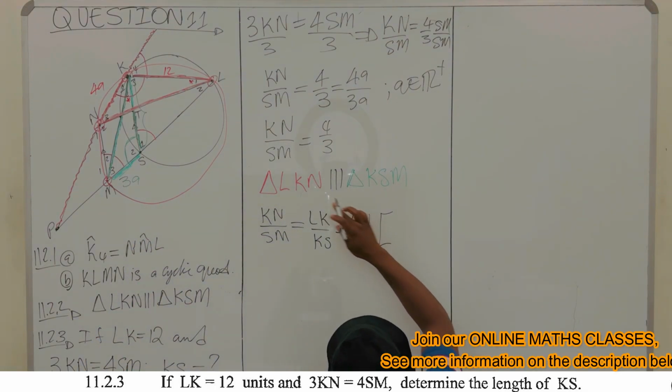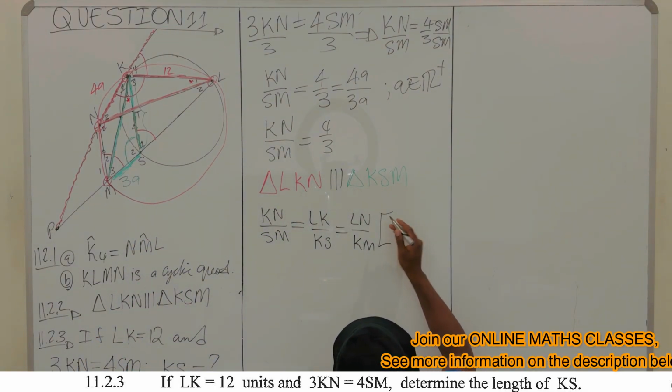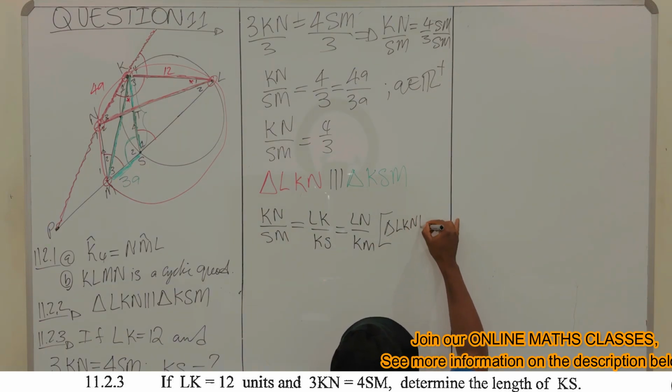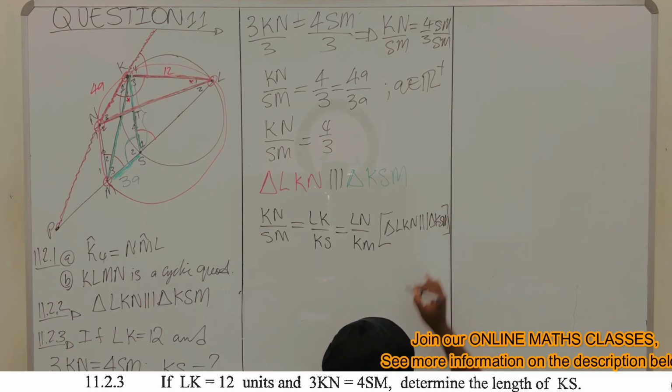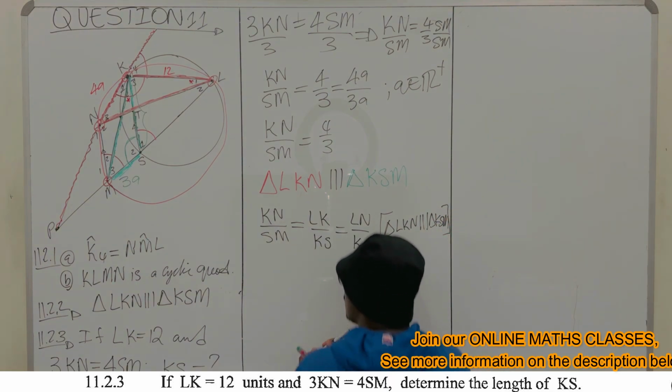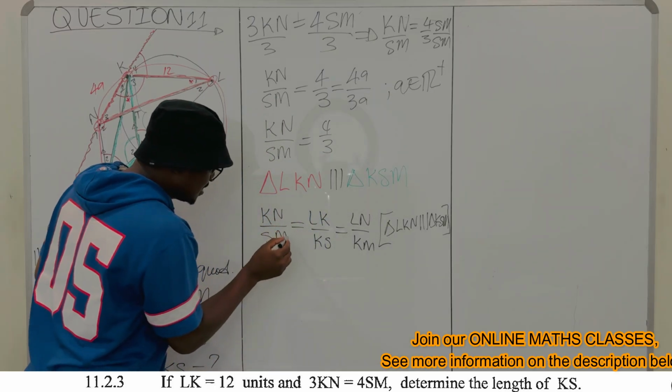This will work because these are corresponding ratios of similar triangles, because triangle LKN is similar to triangle KSM, right? No problem.